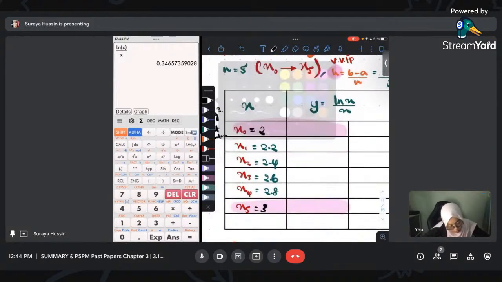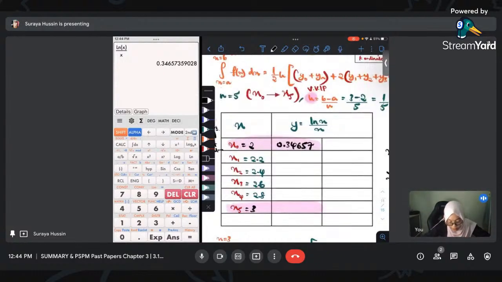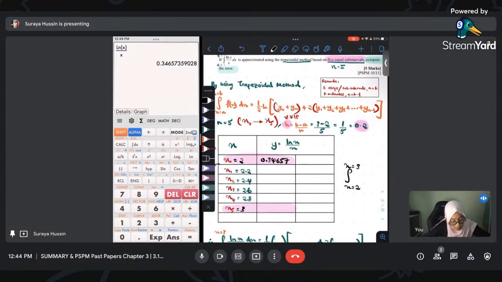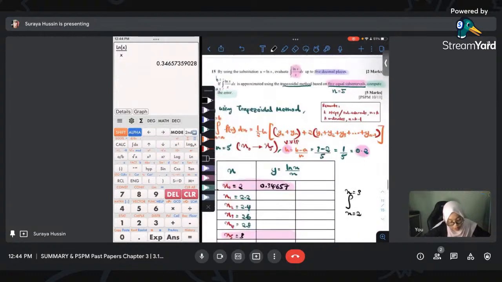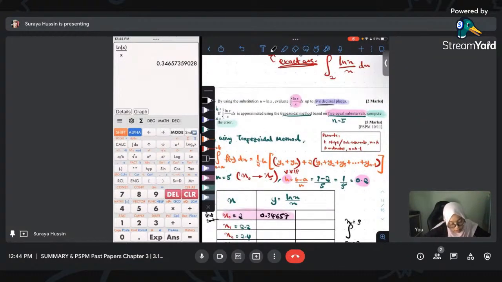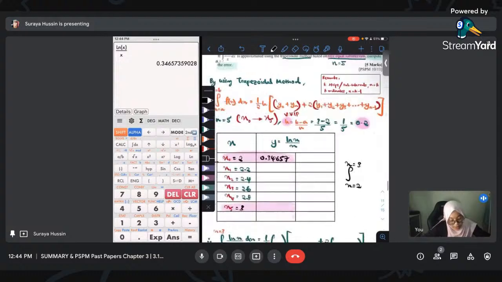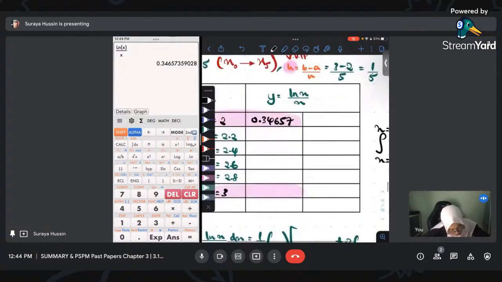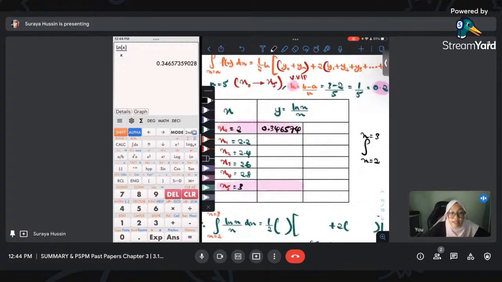Your answer dalam kotak pink 0.34657. Okay, Miss, kenapa Miss ambil 5 decimal places? Sebab tadi dia kata nak 5. Oh, dia nak 5, jadi kita kena ambil lagi 1. 0.346574. Yeah, I need to take more than 1 decimal places.